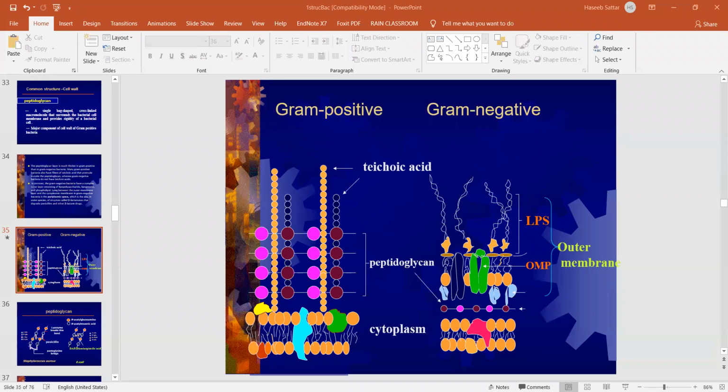The outer membrane of gram negative bacteria contains an endotoxin. Endotoxin is a chemical compound which produces inflammation in the body.